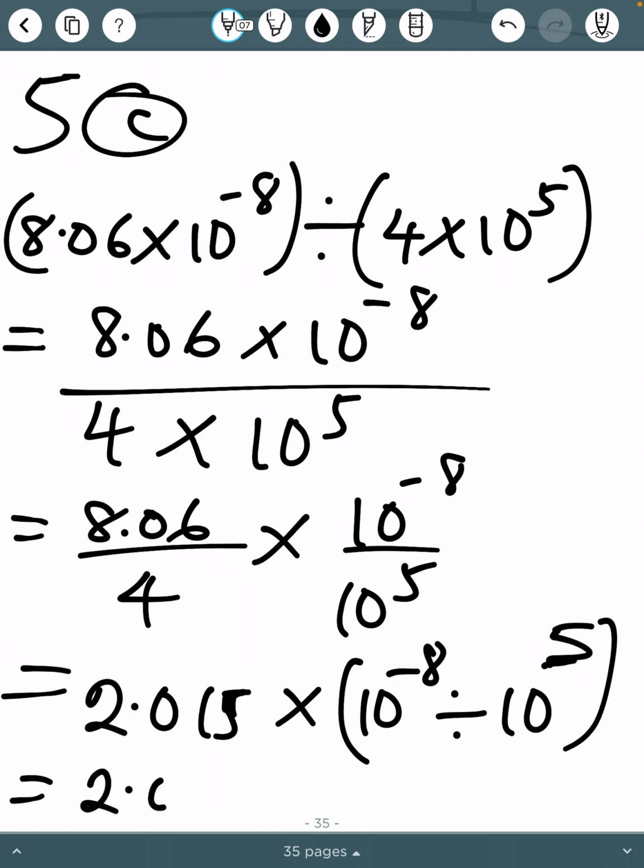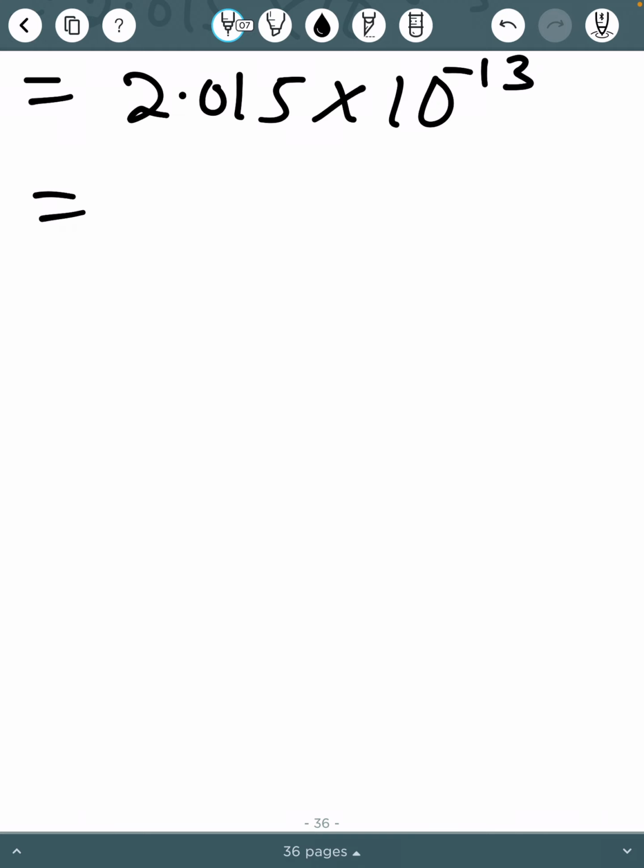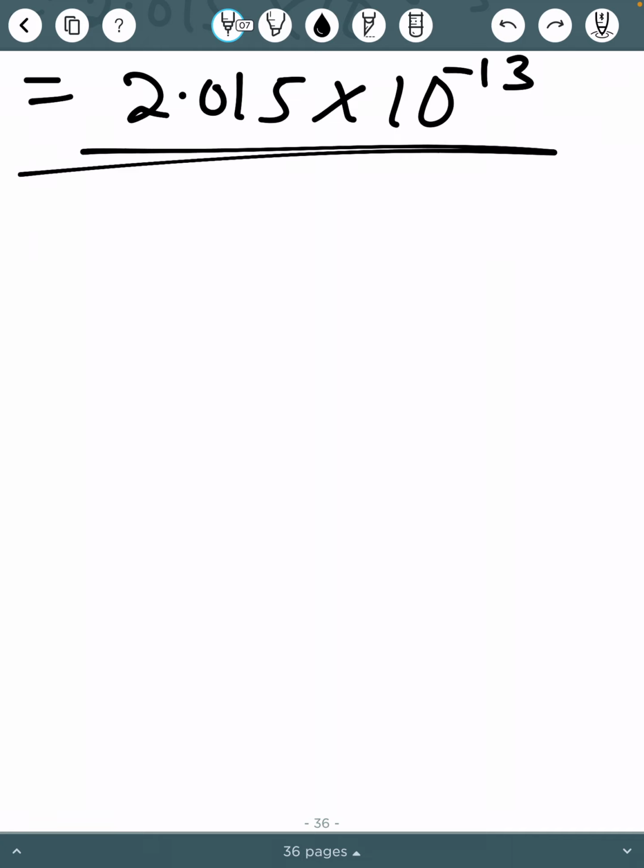So my answer will be 2.015 times 10 raised to power minus 8 minus 5. So that's going to give me 2.015 times 10 raised to power minus 13. Okay, that's my answer, tentatively.